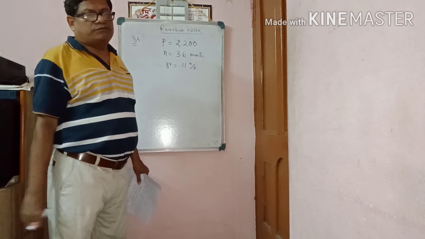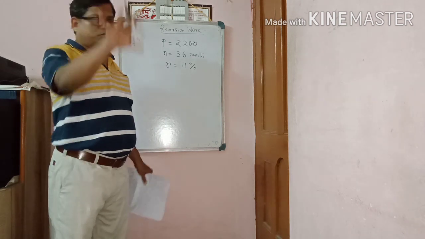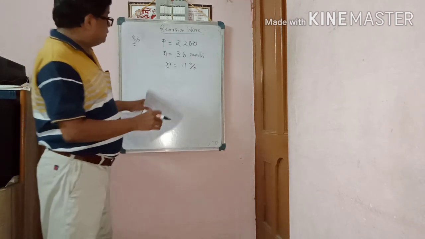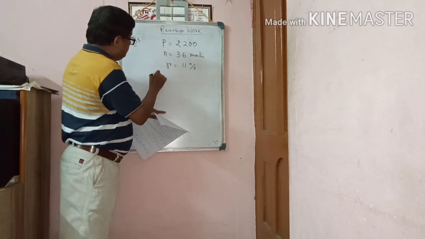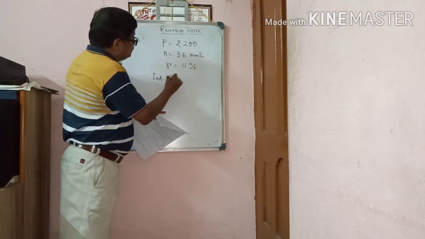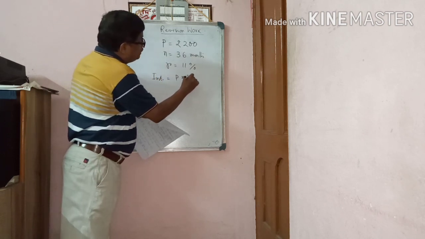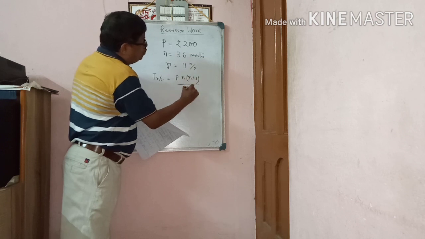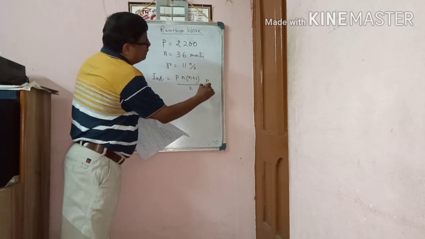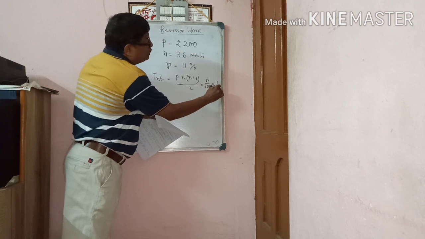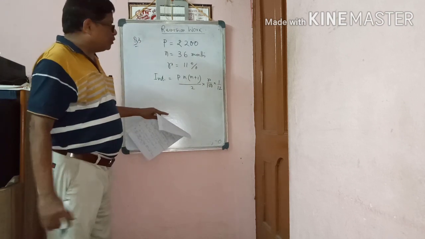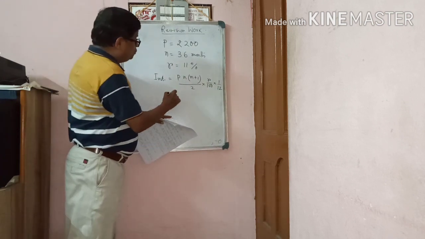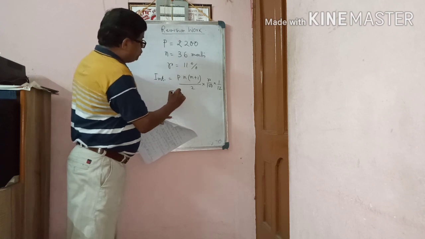What is the formula? Interest first: P into n into n plus 1 by 2 into R by 100 into 1 by 12. Just put the values here. P is rupees 200.